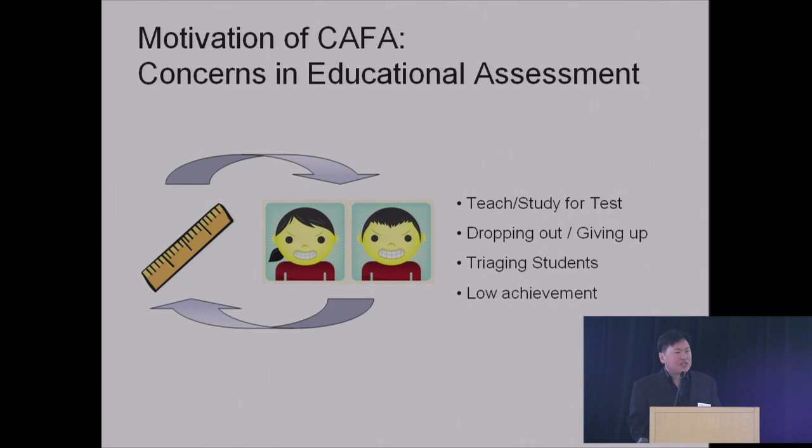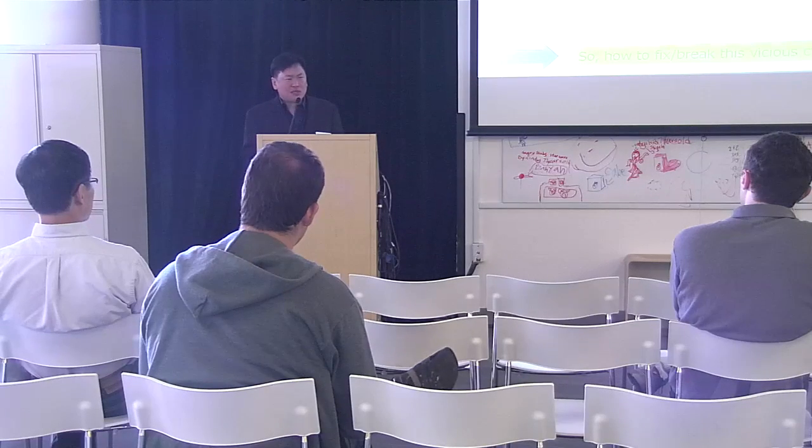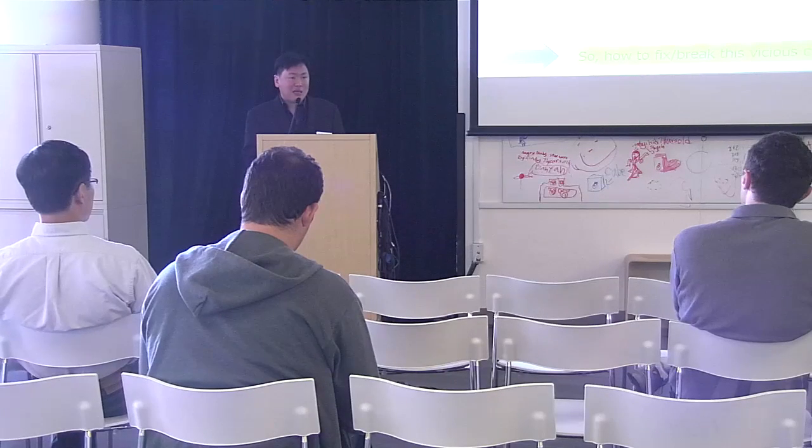And also there's triaging of students in classroom practice, and we are still struggling with low achievement, even with those assessments. So why do we spend a lot of money, energy, and effort on assessment, and why is this kind of vicious cycle still there? Because we spend more money, energy, and cost on assessment, yet practice doesn't improve, and at some point our practice is getting worse because of that assessment issue.